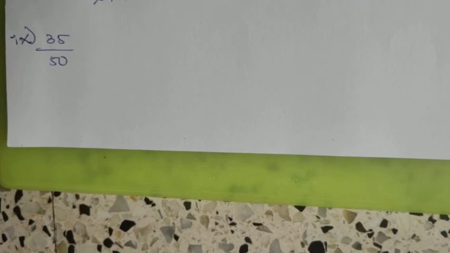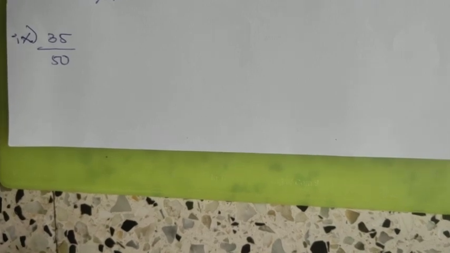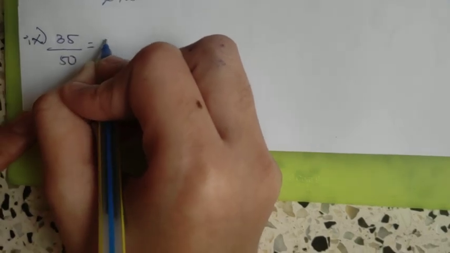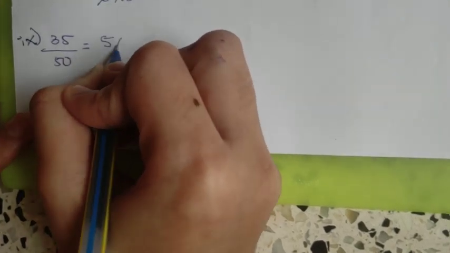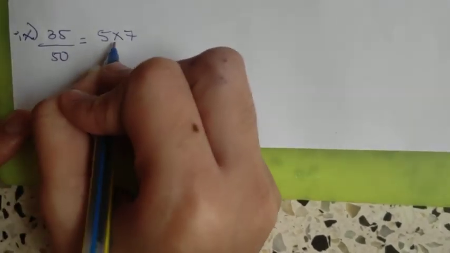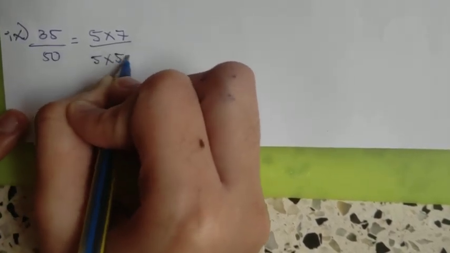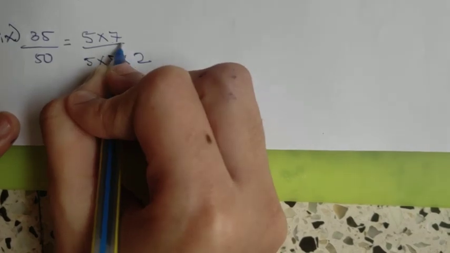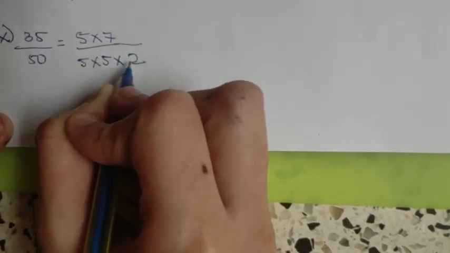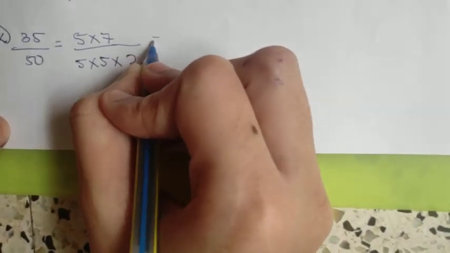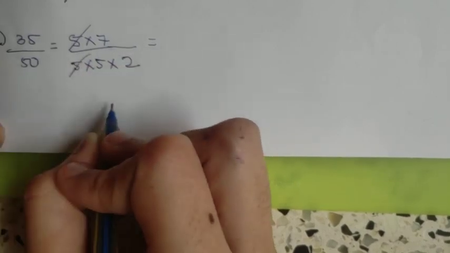So next we have 35 by 50. 35 can be written as 5 into 7 and 50 can be written as 5 into 5 into 2, that is 5 5 is 25, 25 into 2 is 50. Now I can cancel both.